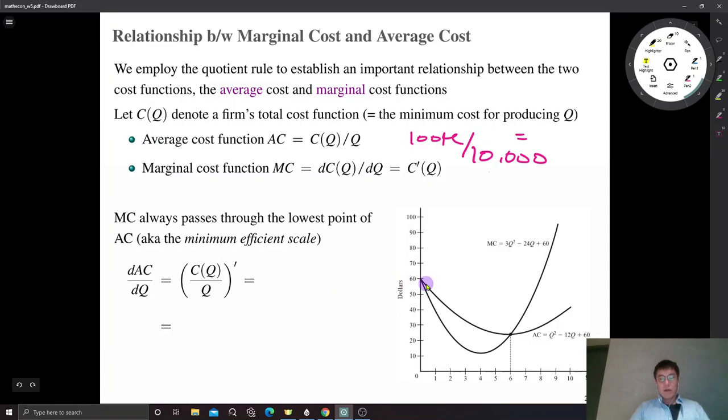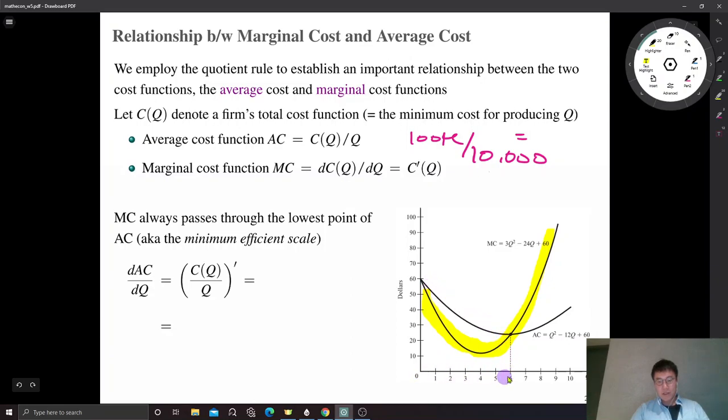And there is a remarkable relationship between average cost and marginal cost, which is whenever the average cost function is decreasing, the MC curve, so this curve, is always below the average cost function. Once again, the average cost function is decreasing.